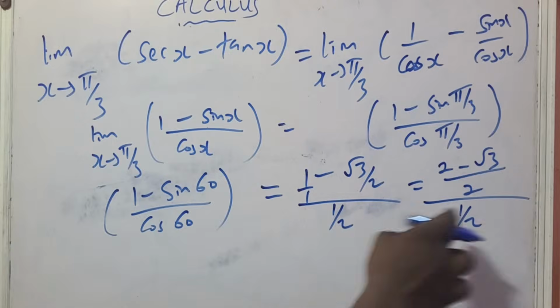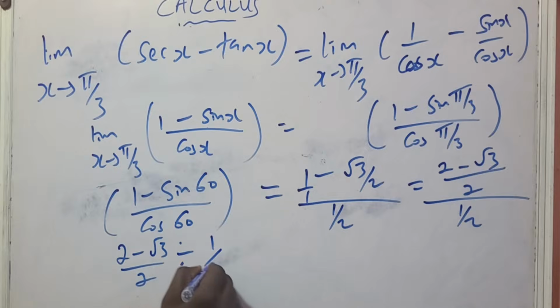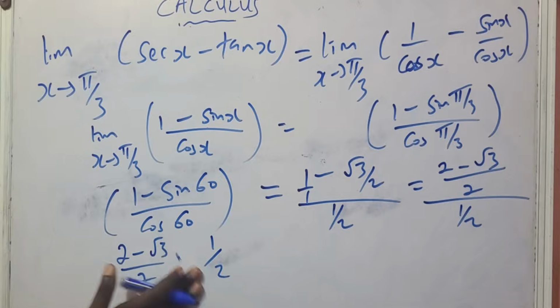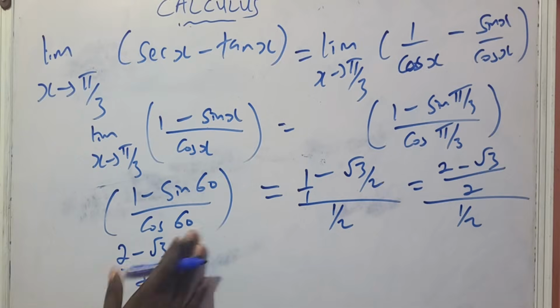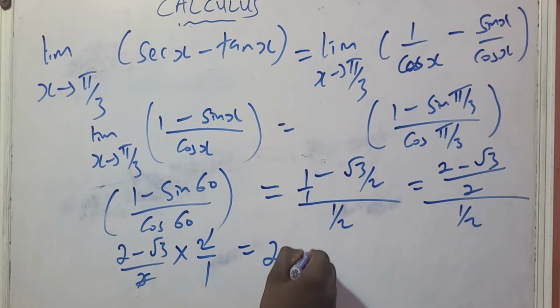Then the denominator is 1 over 2. Then I can say divided by 1 over 2 because this is all division. So I don't need to waste time here. I can clean this up and take the reciprocal of this. And then this cancels this. And my final answer will be what? 2 minus root 3.